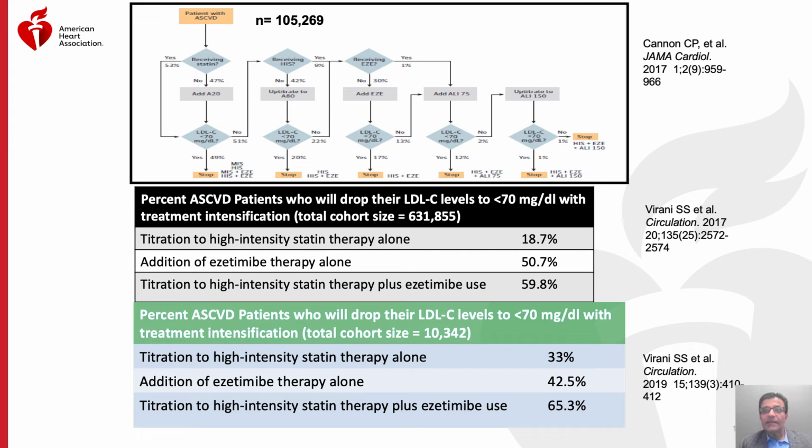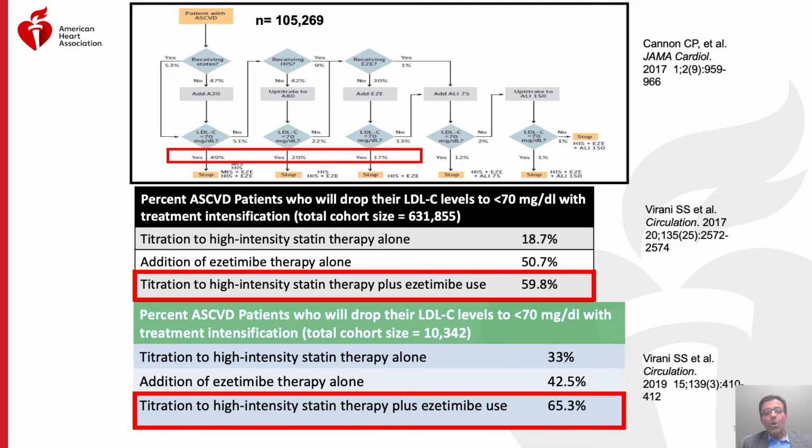Now, the reason that we are recommending ezetimibe therapy is that if you look at multiple studies that were done in multiple healthcare systems, almost 60 to 80% of your patients will drop their LDL cholesterol levels much below 70 milligrams per deciliter if you titrated high-intensity statin therapy and used ezetimibe.